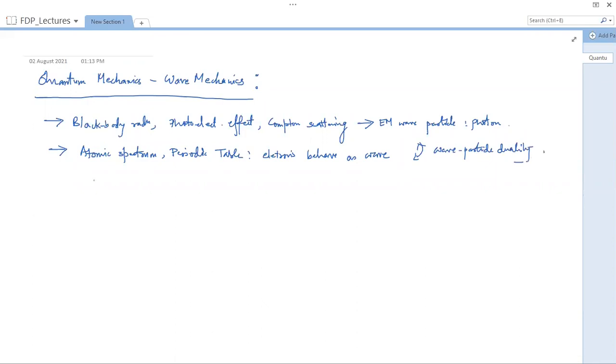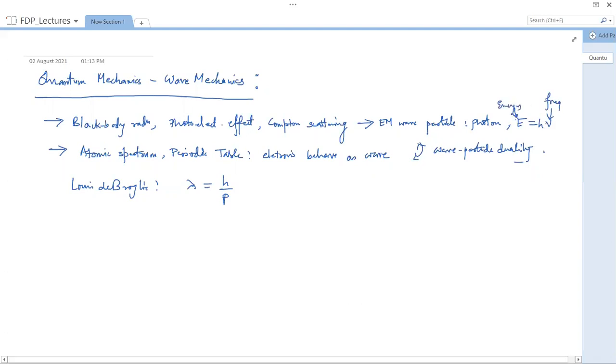In the old quantum theory, it started with Louis de Broglie, and de Broglie postulated that the wavelength associated with a particle of momentum p should be given by h by p, and this photon has energy E equal to h nu. Here nu is the frequency, E is the energy, and h is Planck's constant.